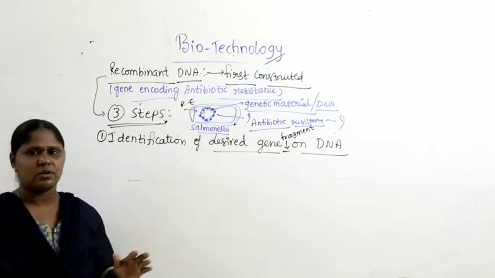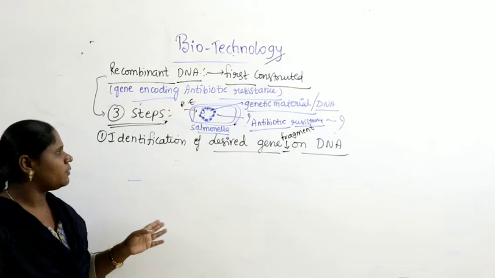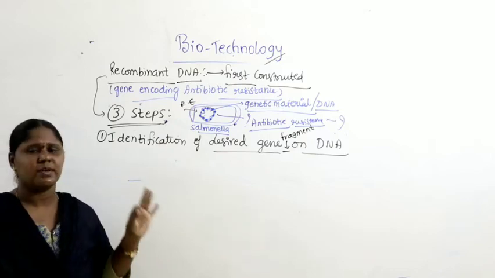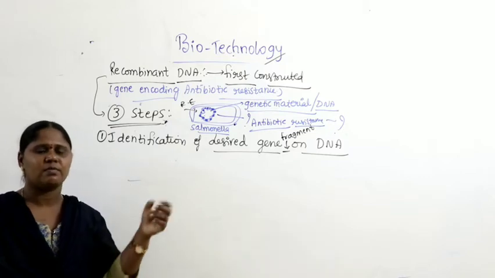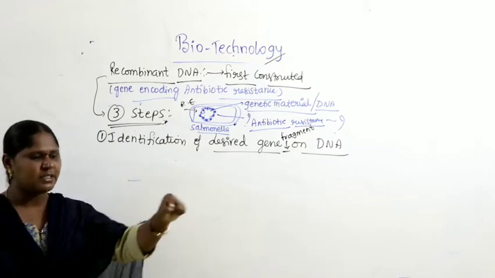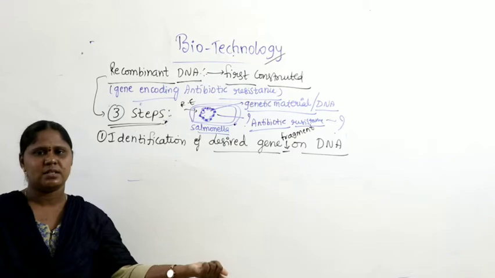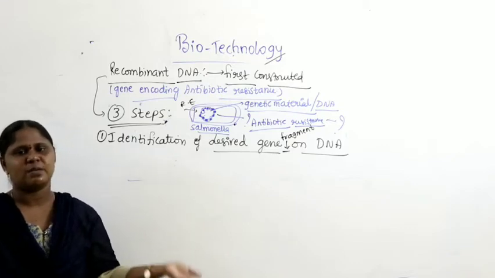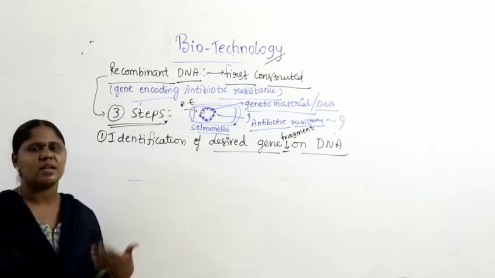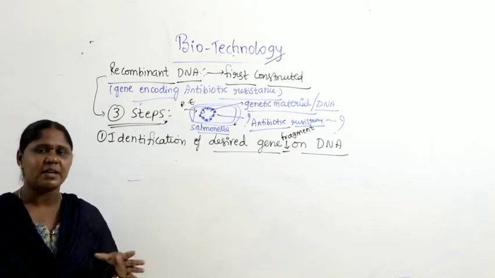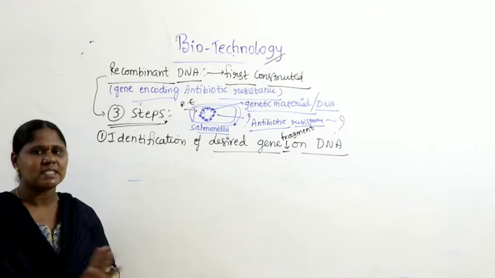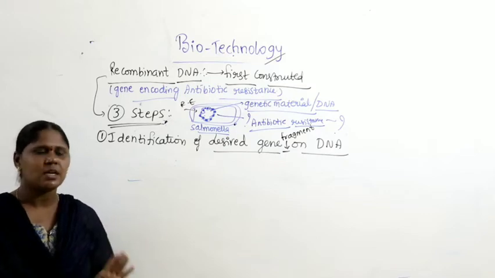For scientists it is not an easy job, because they need to study the molecular level of the gene and what character is expressed when that gene is introduced into an organism. It is a very typical and tedious process.